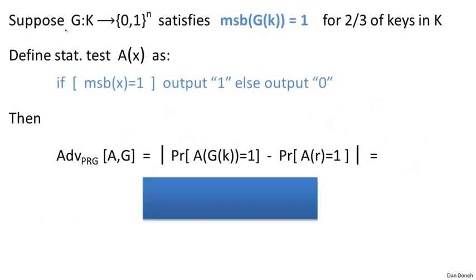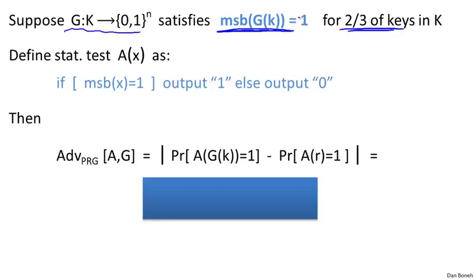Suppose we have a generator G that satisfies a funny property. It so happens that for 2/3 of the keys, the first bit of the output of the generator happens to be 1. So if I choose a random key, with probability 2/3 the generator will output 1 as its first bit. That's the property of the generator that we're looking at.